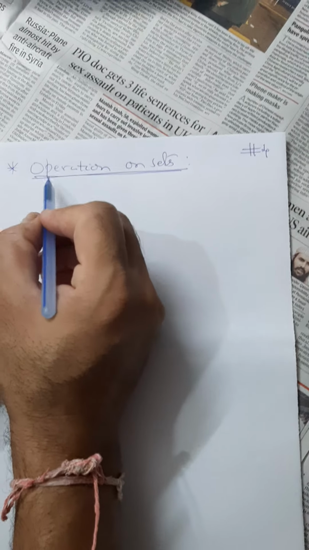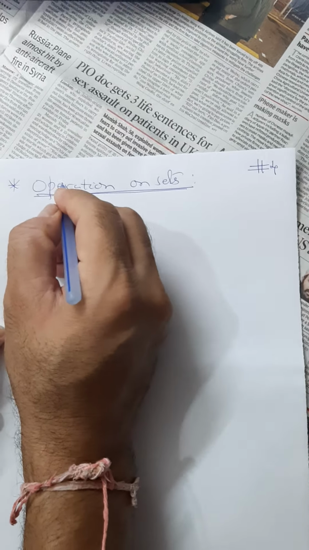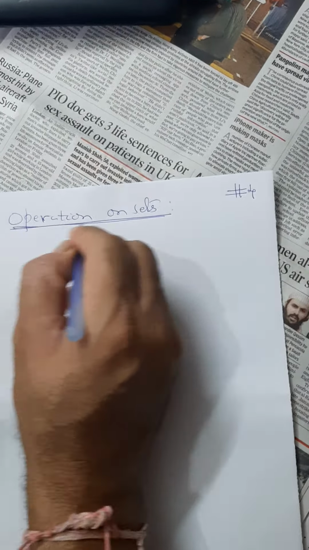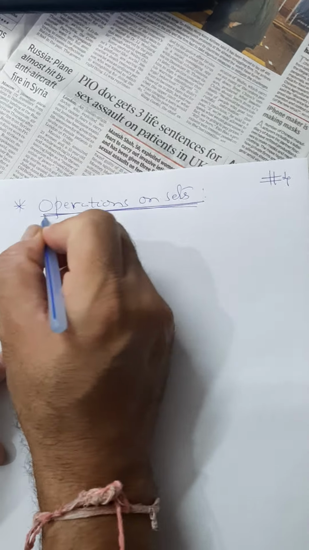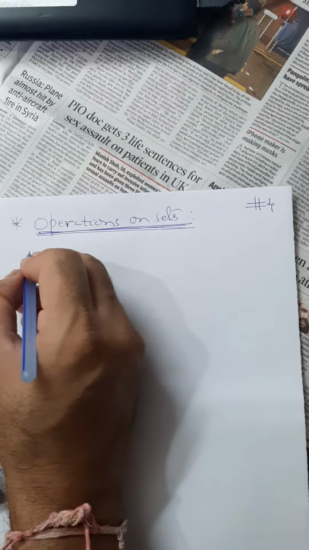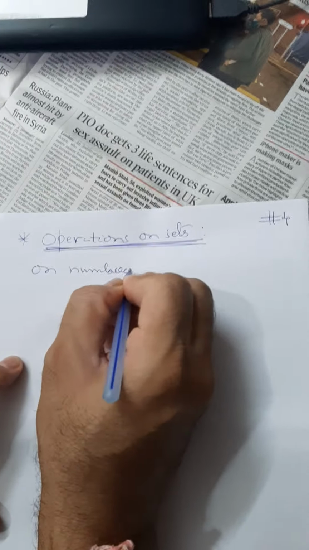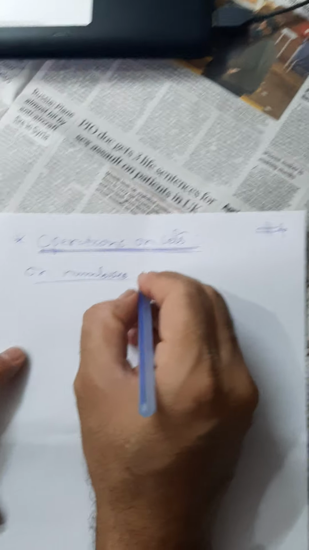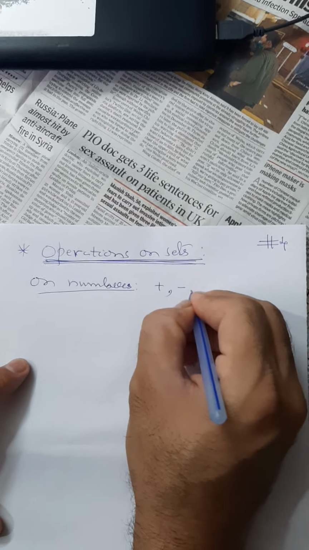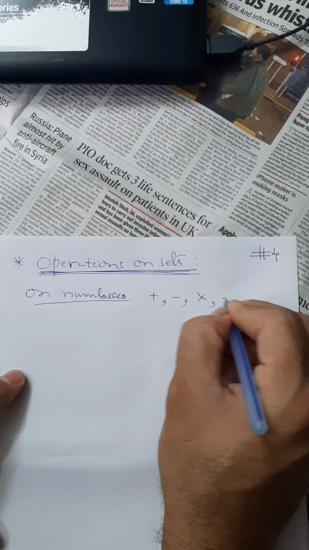So now we discuss an important part of sets, which are known as operations on sets. On numbers, you know the operations: addition, subtraction, multiplication and division.